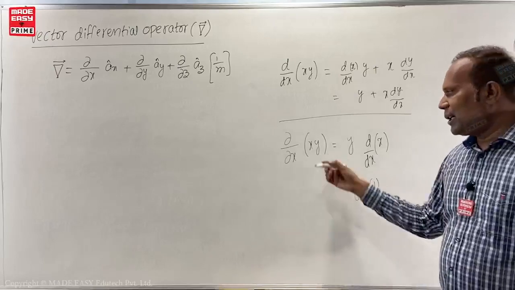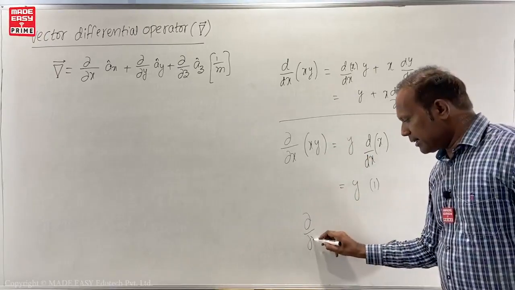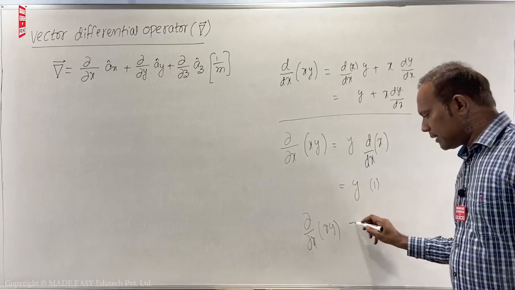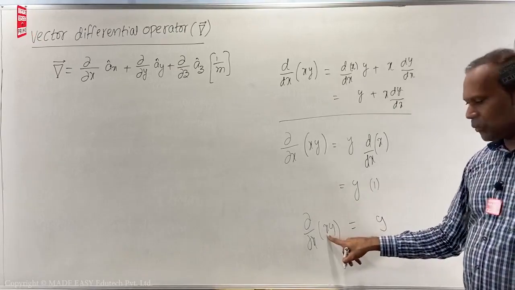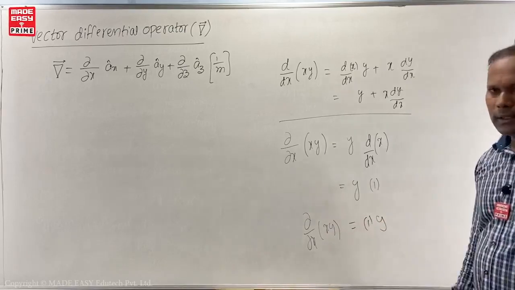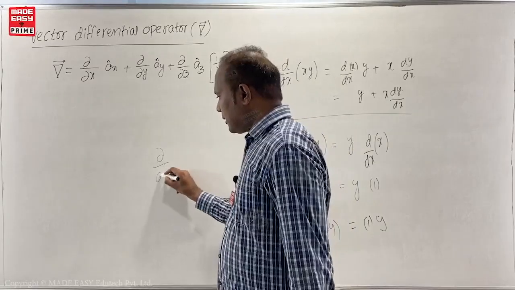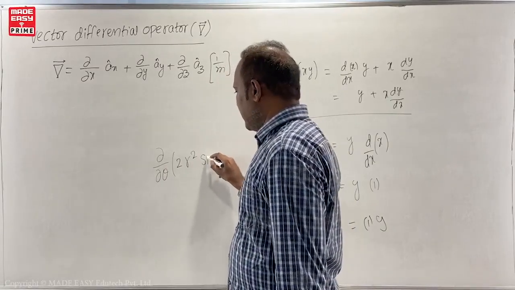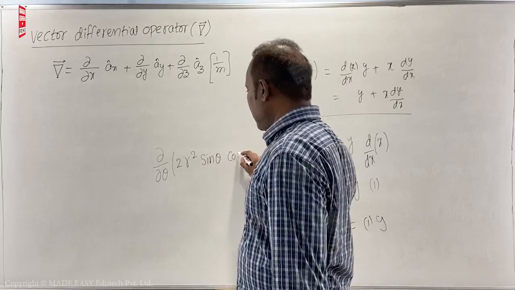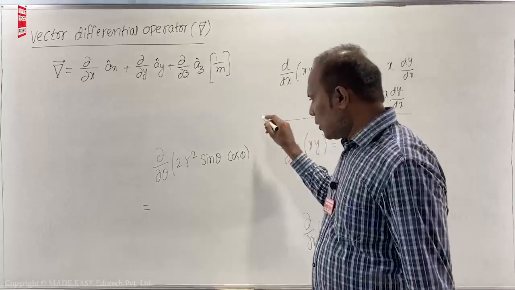So whenever partial differentiation comes, directly you can answer. So dou by dou x of xy means simply you put y like this, then differentiate only x, and you get that. So again and again I will not tell you. For example, dou by dou theta of 2 r square sin theta cos phi. What is the answer to this?